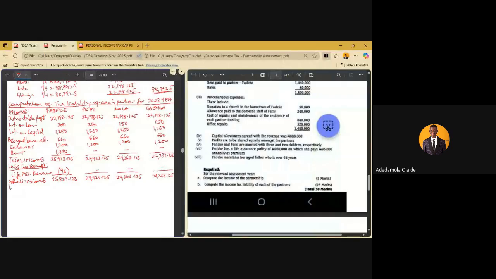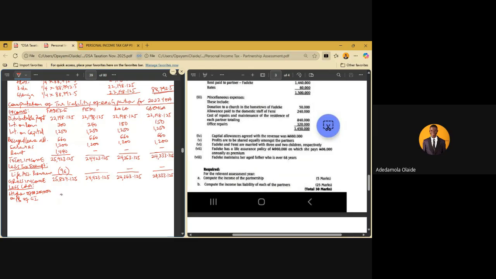Then we can now list the consolidated relief allowance. And the consolidated relief allowance will be what? Higher of 200,000 or 1% of gross income, which obviously 1% is higher here.